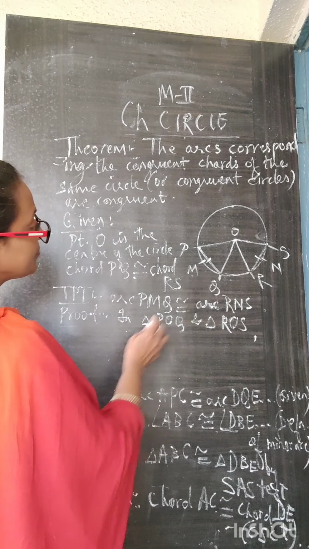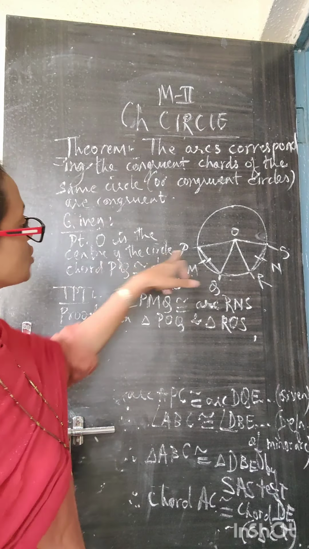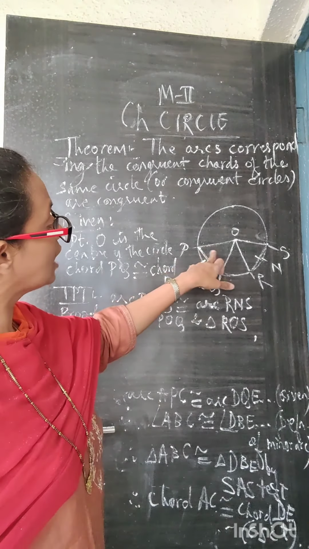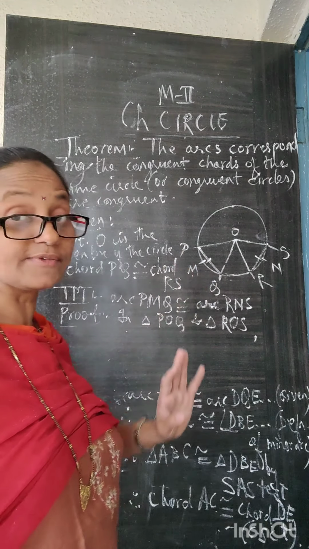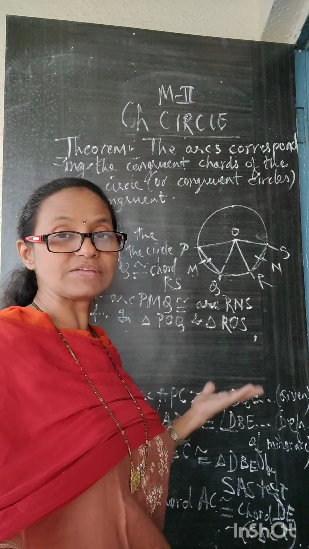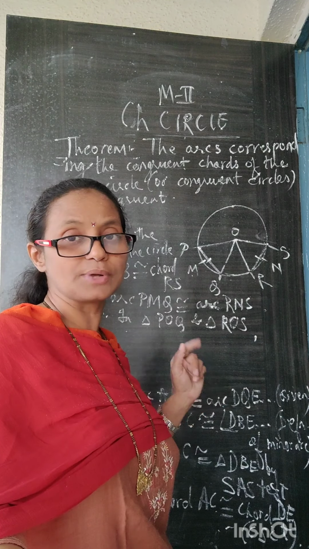Chord PQ is already congruent to chord RS, that is given. The other two sides of the triangle are radii of the same circle, so that pair of sides will also be congruent. So obviously the triangles will be congruent by the SSS test.